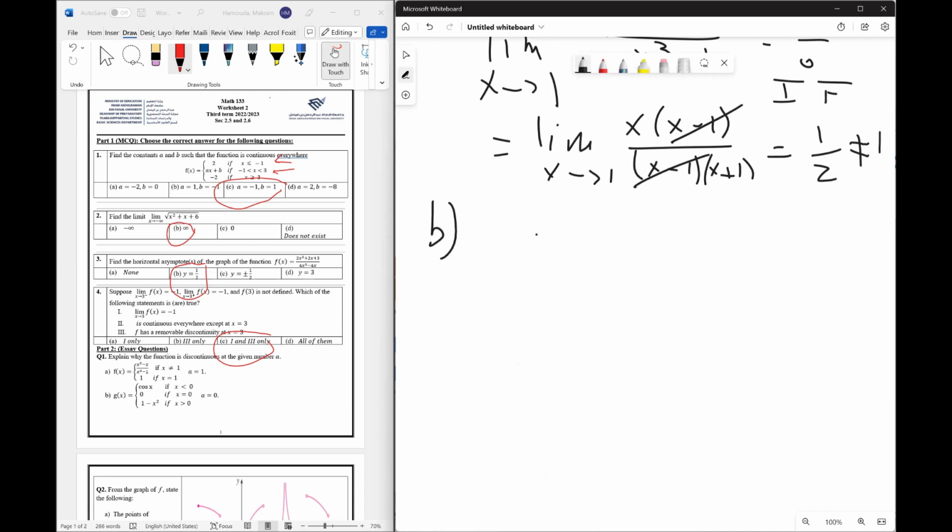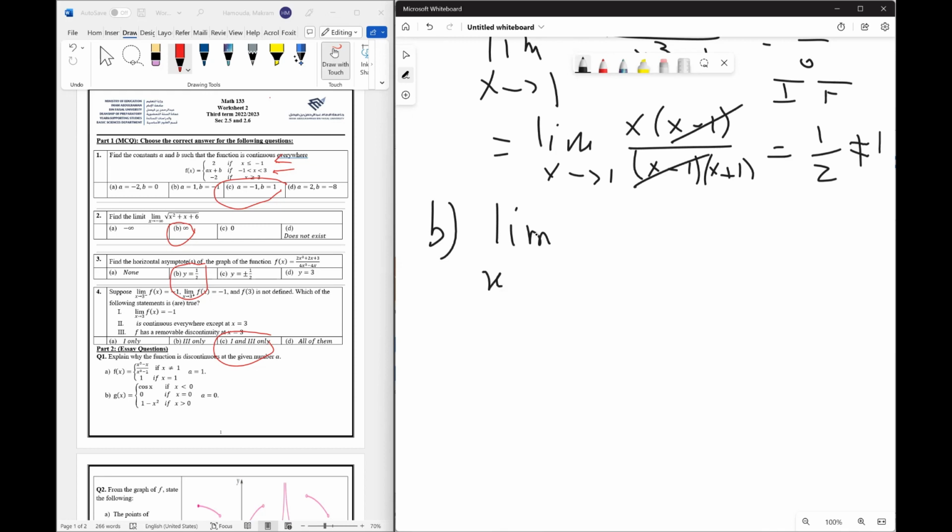Here, the target is to study the discontinuity at 0. And in this question, I need to specify 0 plus and 0 minus because the expression is not the same. It's not like the example A, where we have the same expression for 1 plus and 1 minus. But here, we have to differentiate the cases.